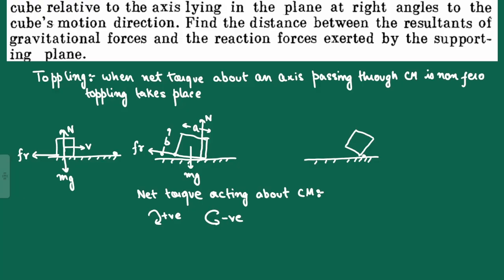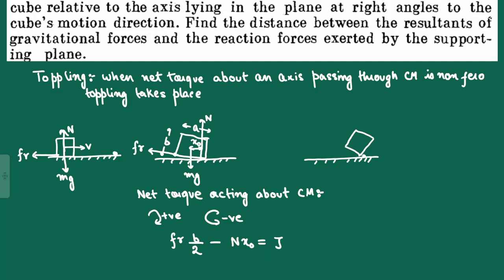Net torque: the torque due to the friction force is nothing but Fr into this much distance, and this distance is nothing but a by 2. Minus the anti-clockwise torque, N into, let this distance be x naught, is equal to the net torque, I alpha. If this is non-zero, the body will try to topple.